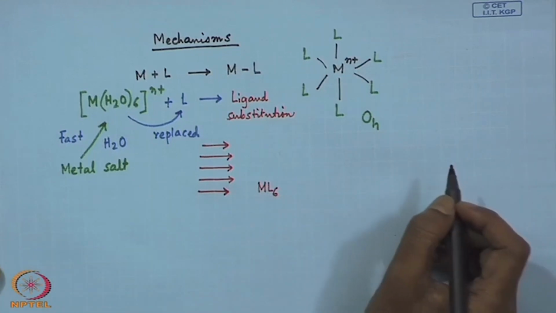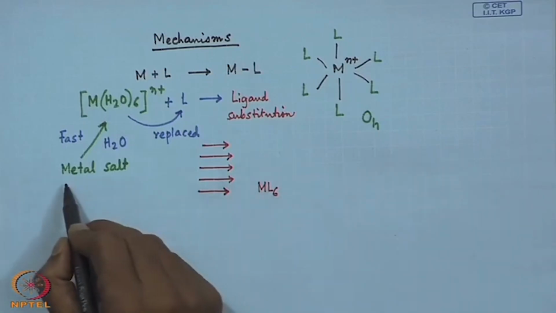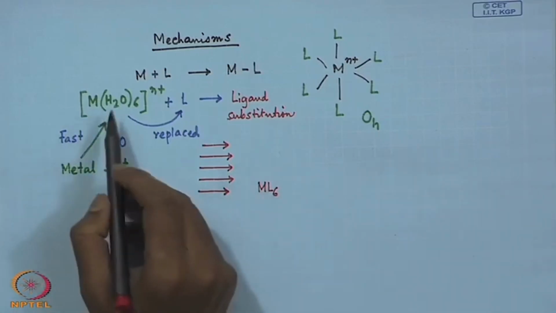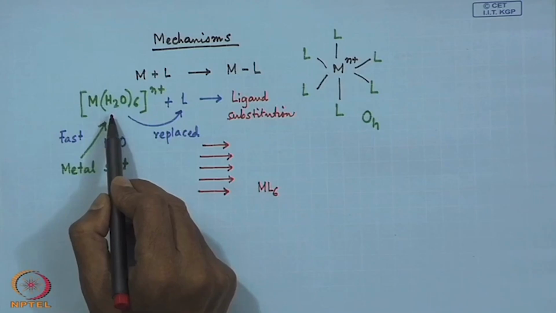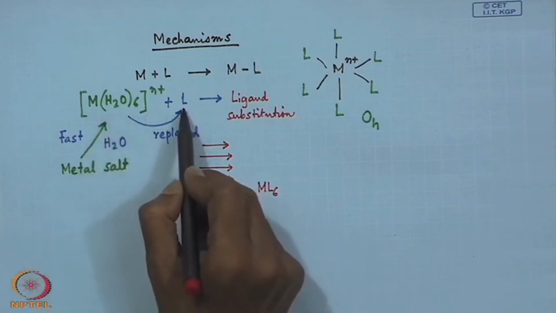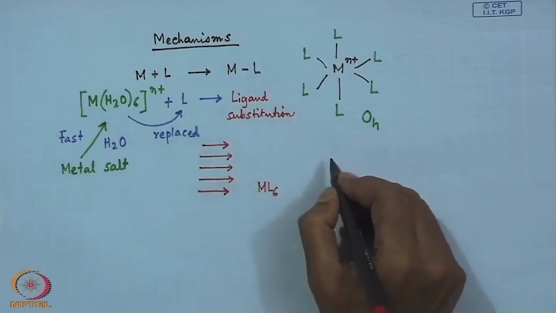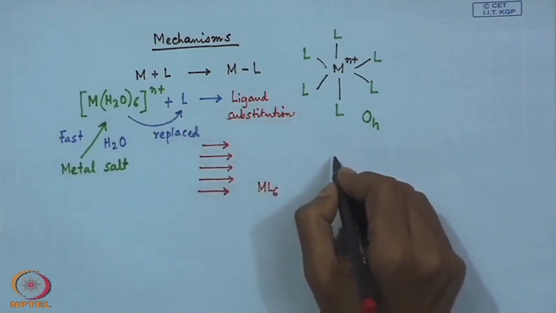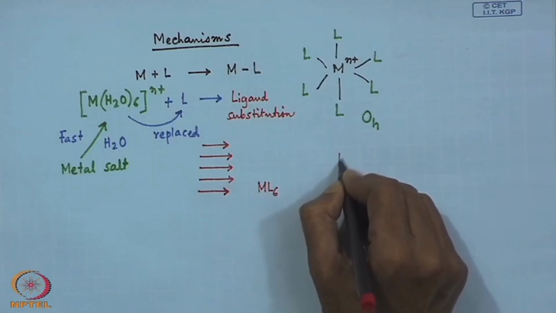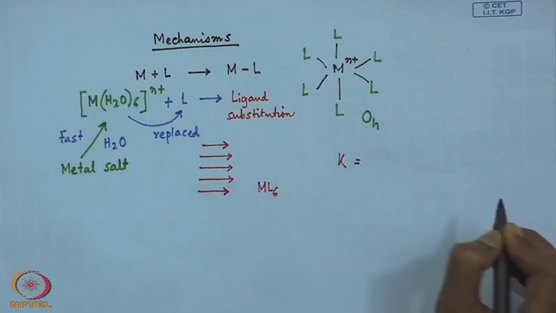So if we can monitor the concentration of either the free metal salt or the aqua complex in solution, and we know the concentration of the ligand, we know that the equilibrium formation constant K can be found out.